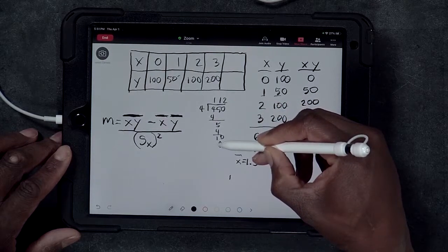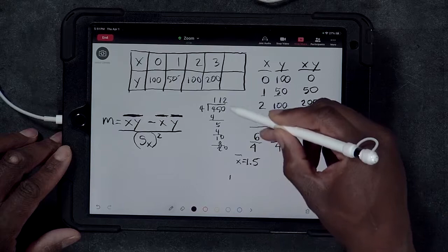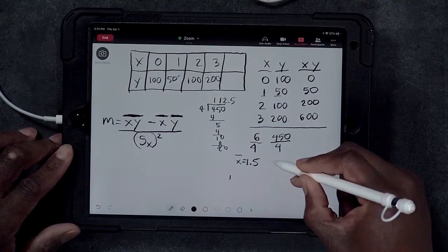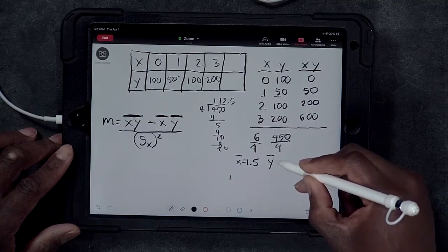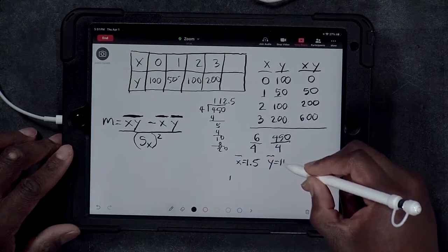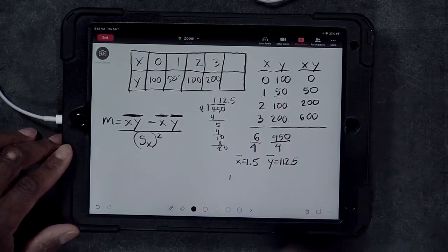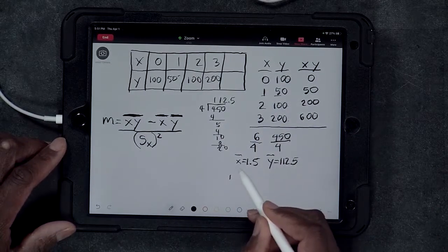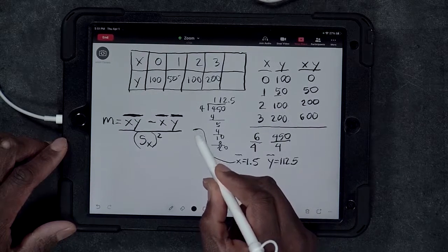You get 112.5. So our y bar, or the average of all the y values, is 112.5. All right. We're going to use these to find the slope.